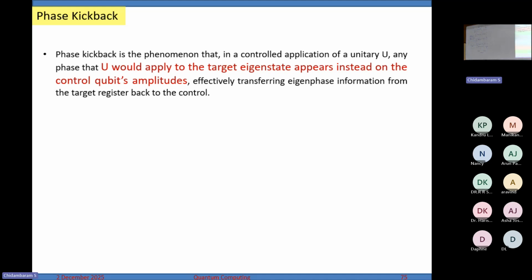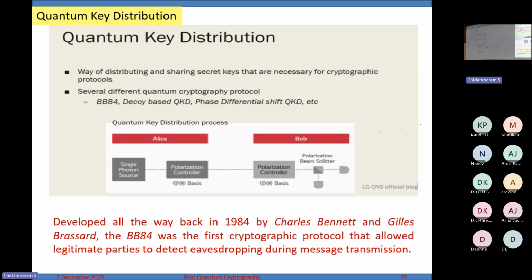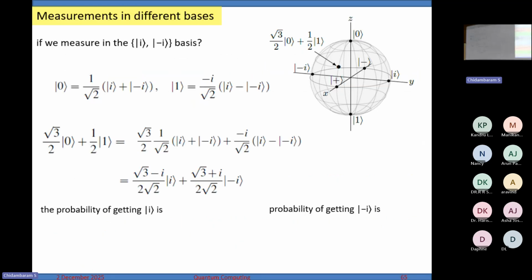Look at the Bloch sphere. From here, I can go to any point. For illustration purposes, we are seeing it with the basis as reference points.